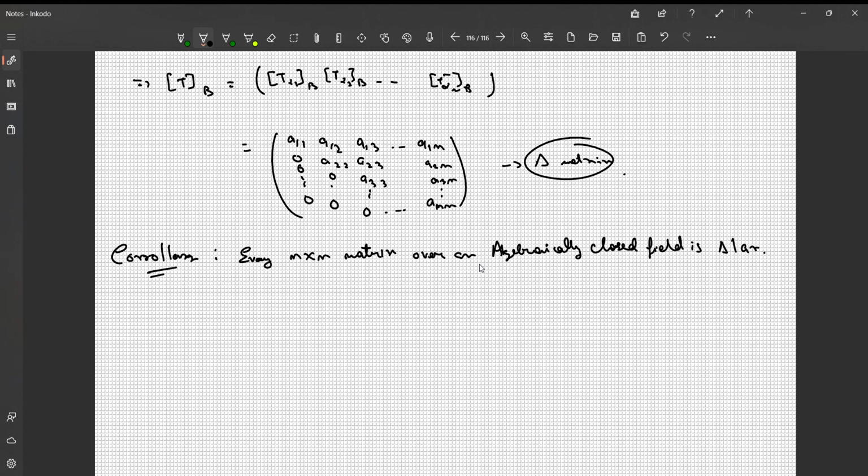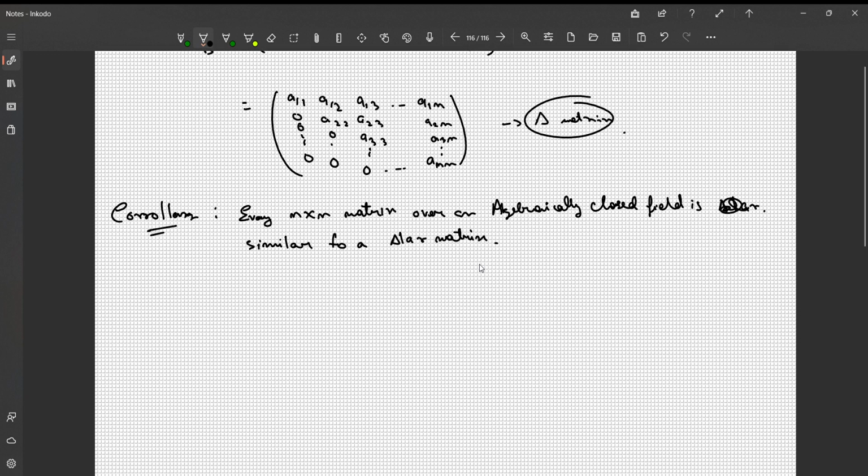And that's obvious from the fact that if you have an algebraically closed field, then the minimal polynomial will always split into linear polynomials. Hence, you can apply this characterization to conclude that it must be similar to a triangular matrix. Clear?